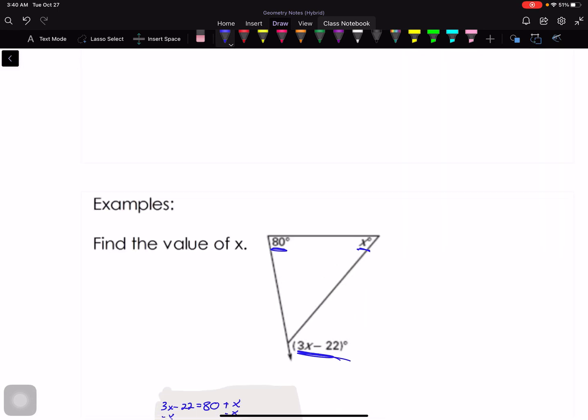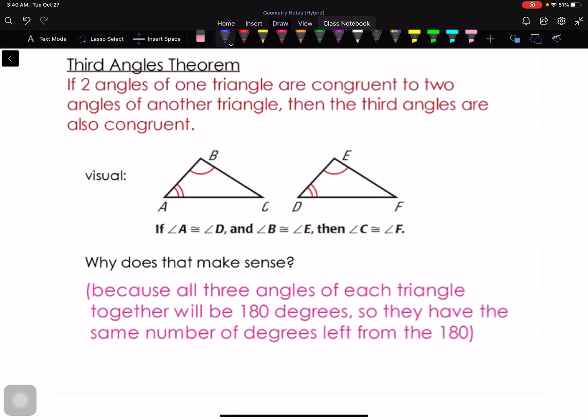And then we have the third angles theorem. If two angles of one triangle are congruent to two angles of another triangle, then the third angles are also congruent. So now we're looking at two different triangles. We're saying the angle B here and angle E are congruent. That's what the one arc means. And then we have two arcs here and two arcs here.